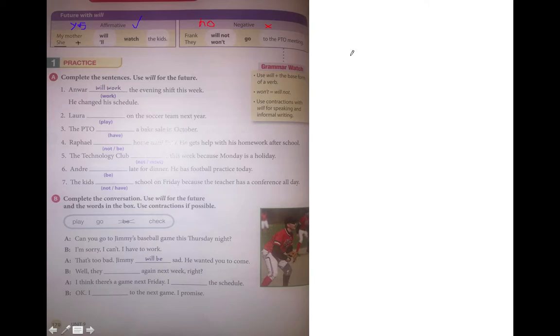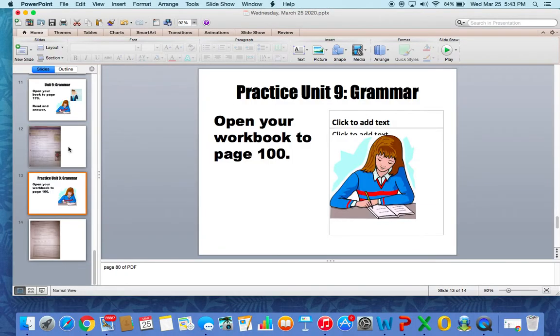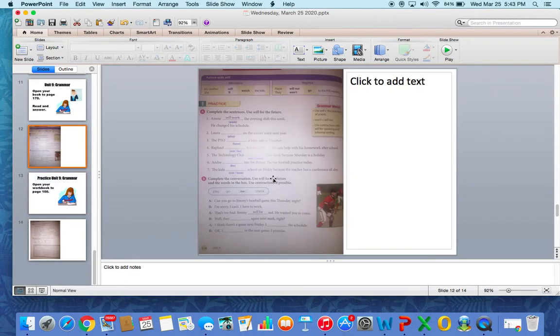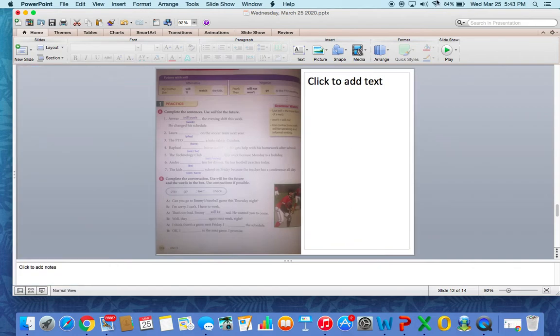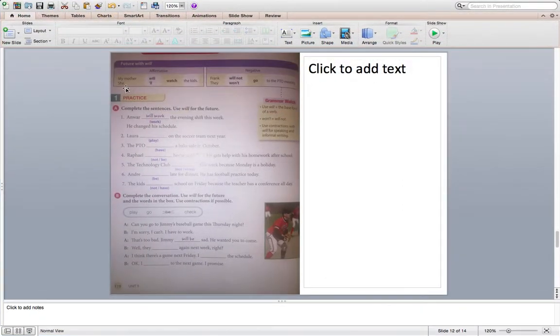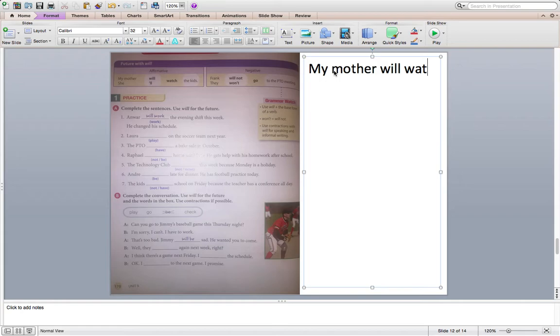She'll watch the kids. So I'm going to quickly type this for you so that you can better understand what it looks like in a complete sentence. So here, the first box, you have my mother will watch the kids.